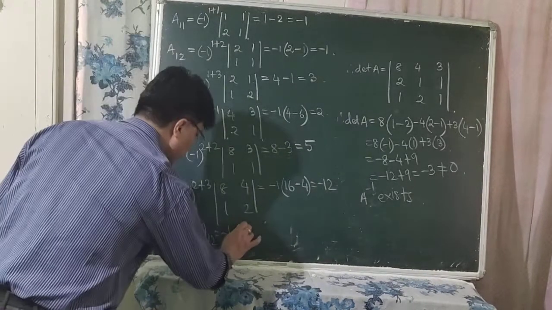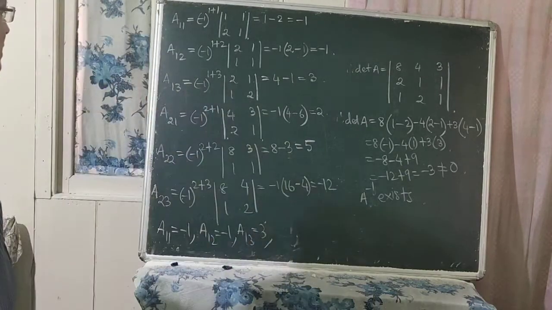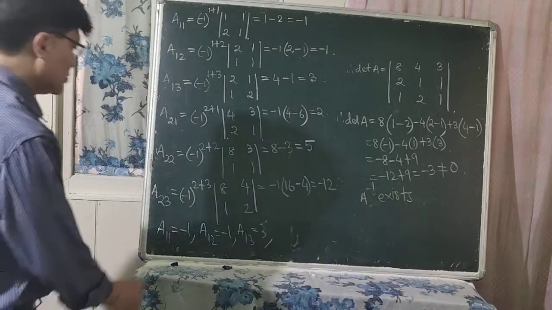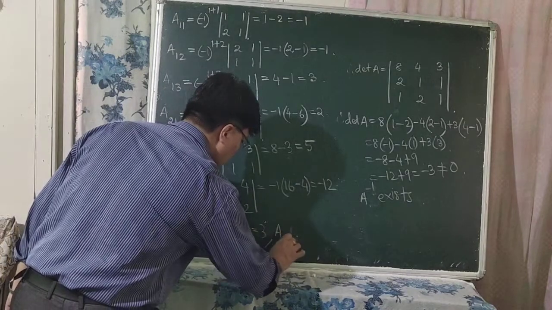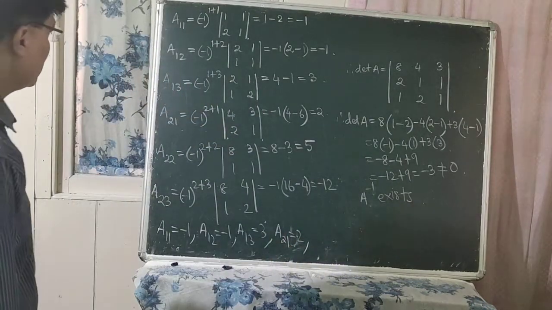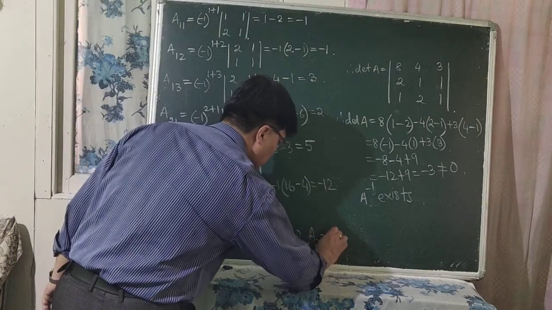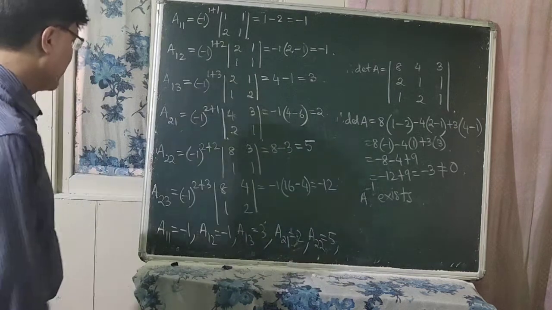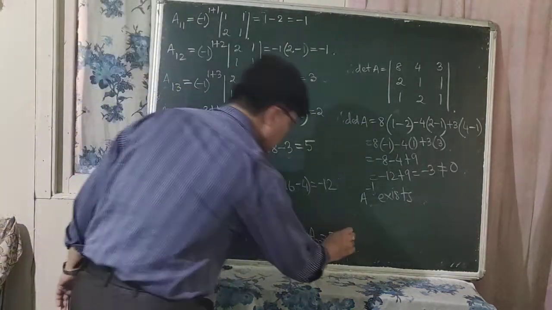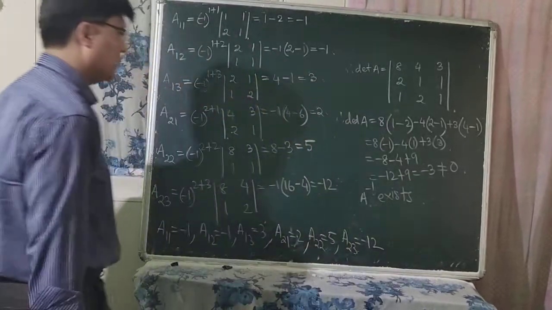A13 is 3, A21 is 2, A22 is 5, and A23 is minus 12, okay?